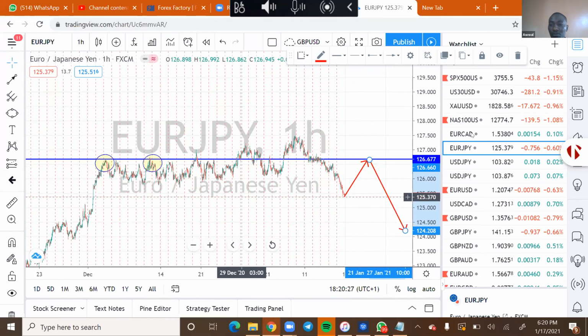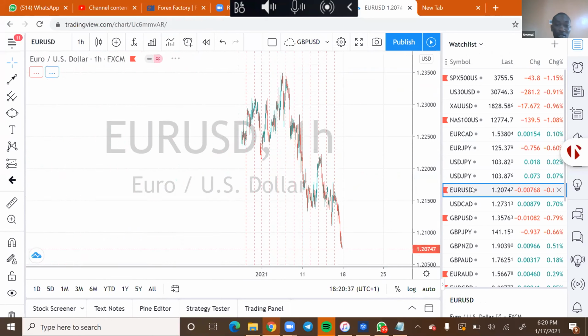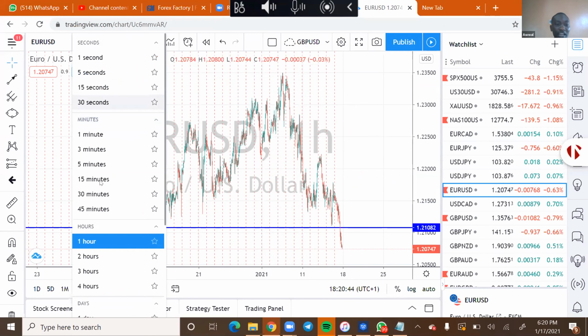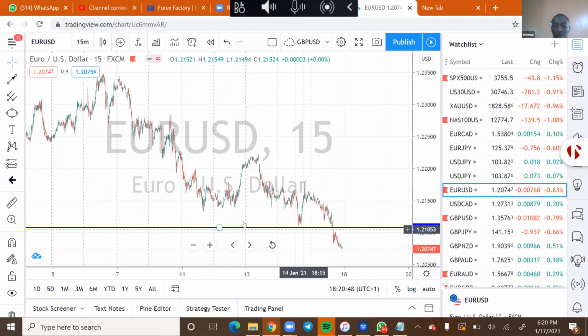Let me look for another currency pair to use as an example.